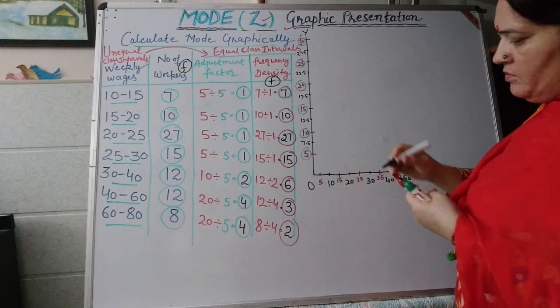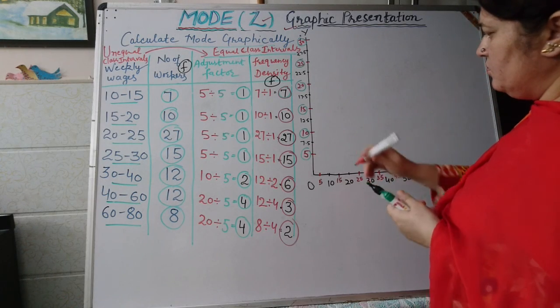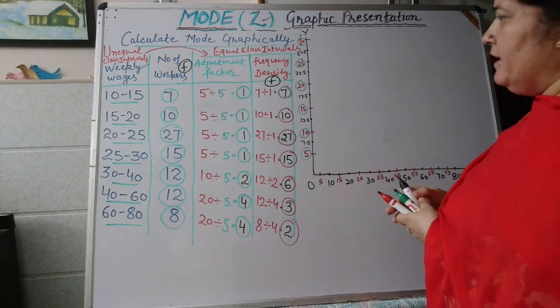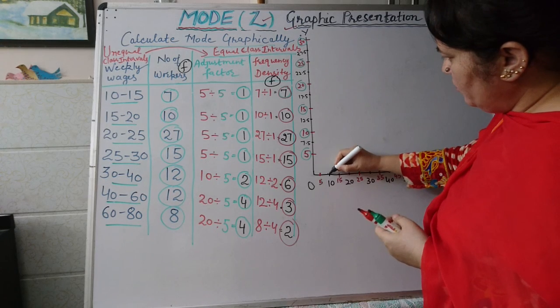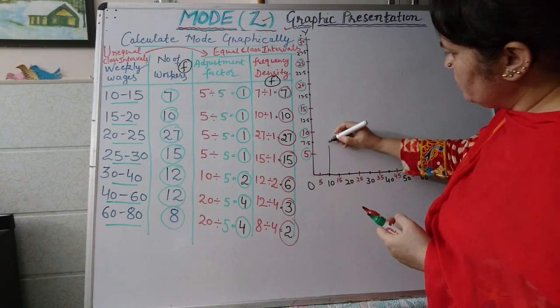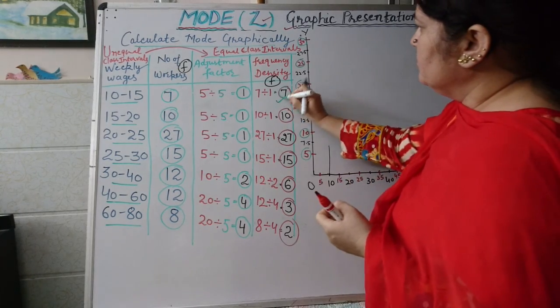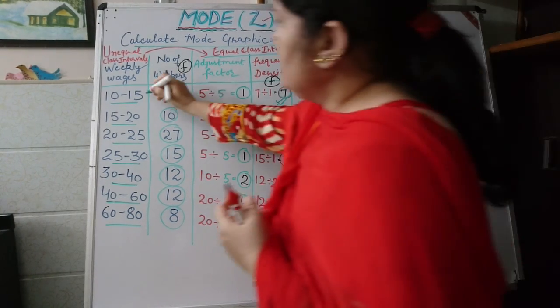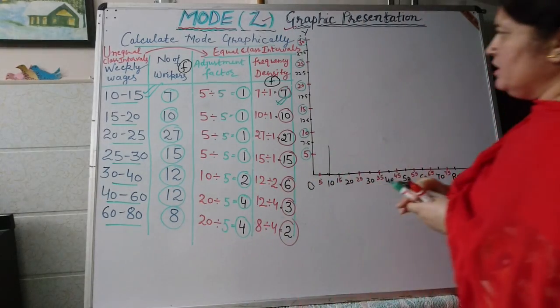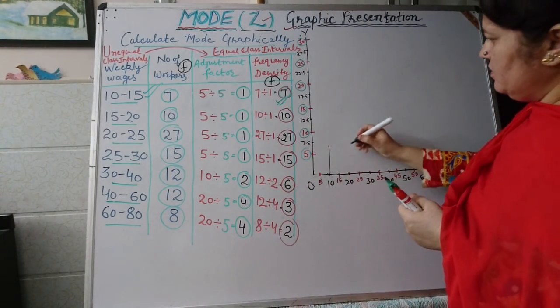First histogram, 10 to 15, we will take this frequency 7.